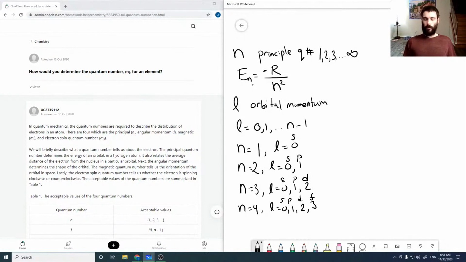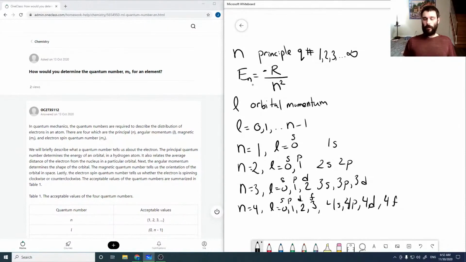So that's the reason why there's only a 1s subshell. There's no 1p, so on and so forth. That's why there's only 2s and 2p, no 2d, no 2f. That's why you only get up to 3d, and that's the reason why you only get up to 4f here.